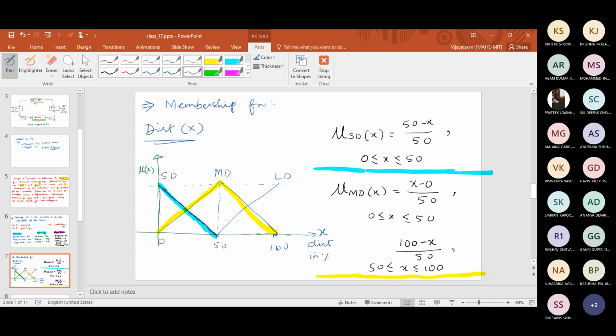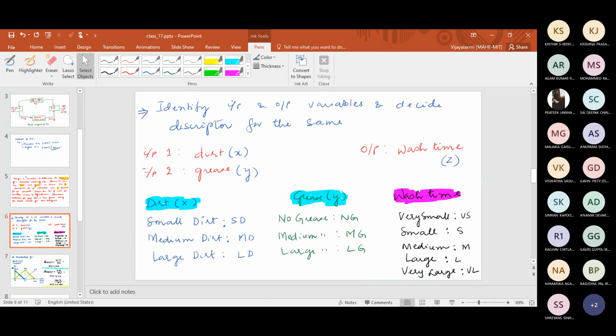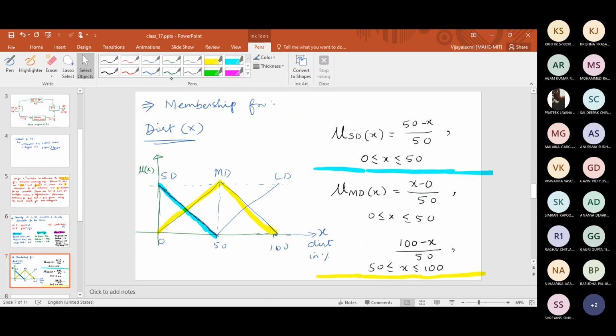Now I have to write one more expression, the membership function for LD, large dirt. I'll write it here itself so that it will be more clear. So mu large dirt of x is equal to, considering this portion, it is simple: (x minus 50) divided by (100 minus 50), that is 50.